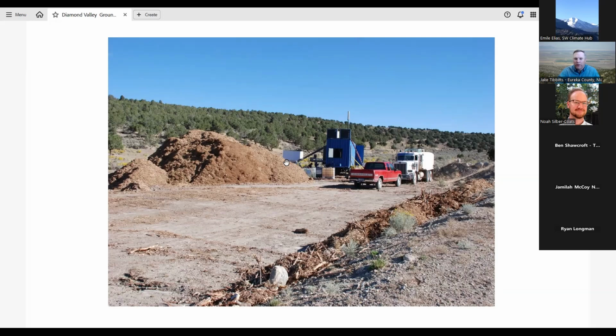So what I'm showing here is a mobile pyrolysis unit that we brought in that basically took some chips from pinyon and juniper treatments that we had done, and we were able to run those through that pyrolysis unit and create biochar. And the idea with this mobile unit is you can take this to the area where your treatments are taking place. We created that biochar.